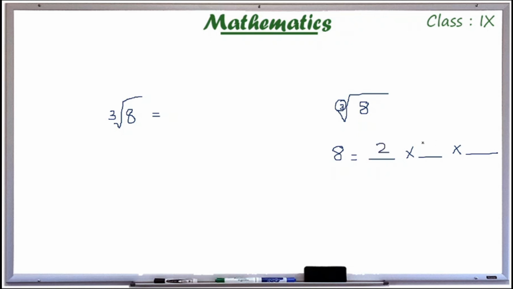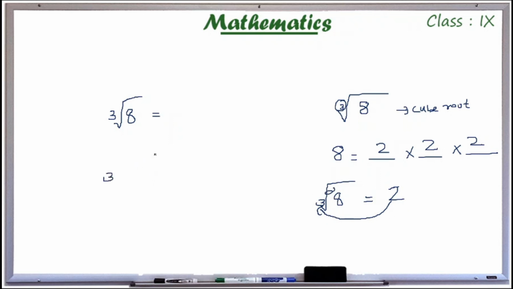Give 2. 2 into 2 into 2 is equal to 8. So the third root of 8 is third root or cube root. Both are same. Cube means 3. Cube root of 8 is equal to 2, which means 2 is multiplied 3 times to get 8.